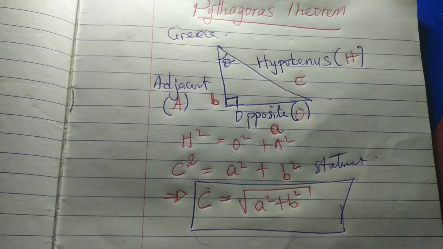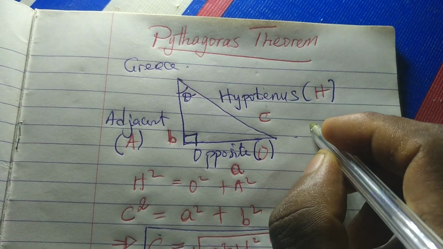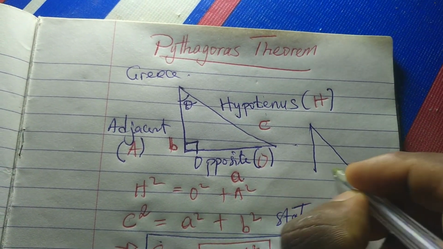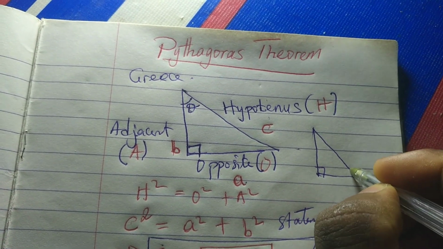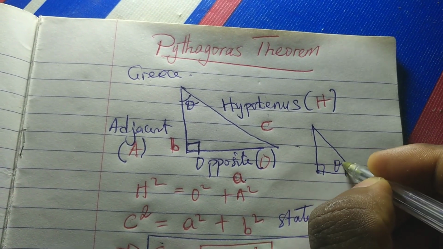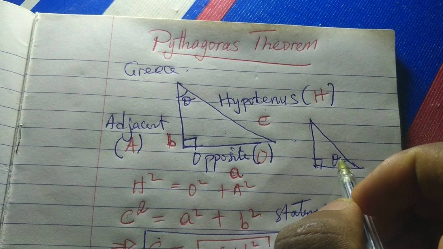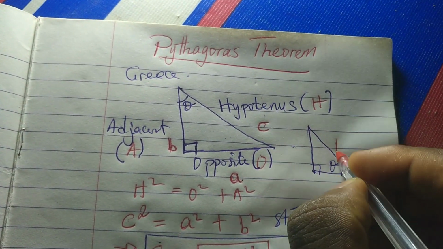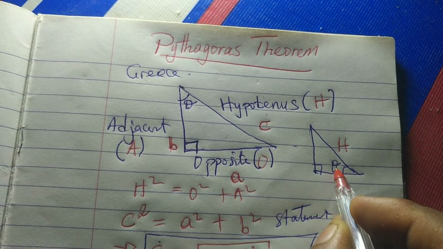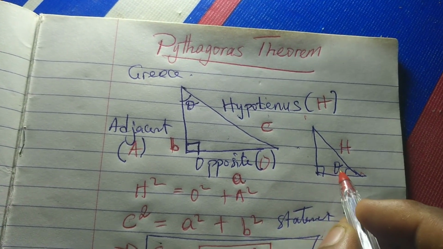But now, in case we have another triangle like this, provided this is the right angle here, we can still place our theta here instead of this. If our theta is here, this one will remain the hypotenuse, the longest side, but the opposite now is here.